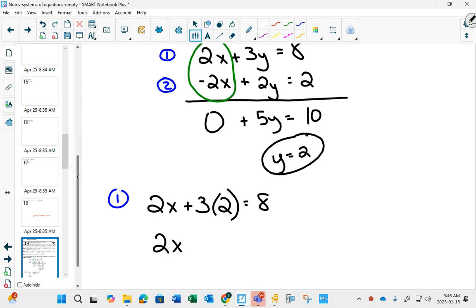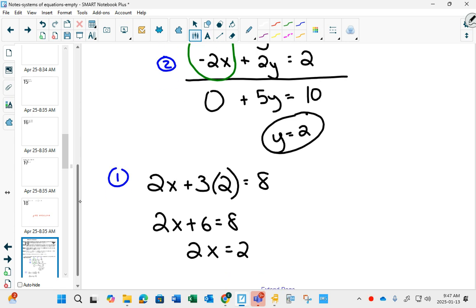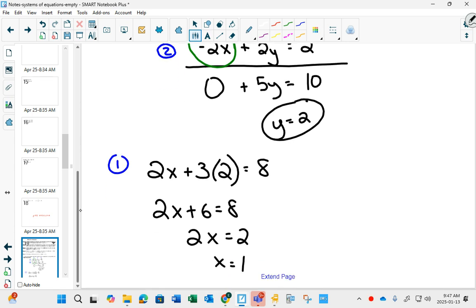That would give me 2x plus 6 equals 8. Get my like terms together, so I'm going to subtract 6 on both sides. Since they're x and y, we can write our solution as a coordinate. This is where, on a graph, these two would have intersected.